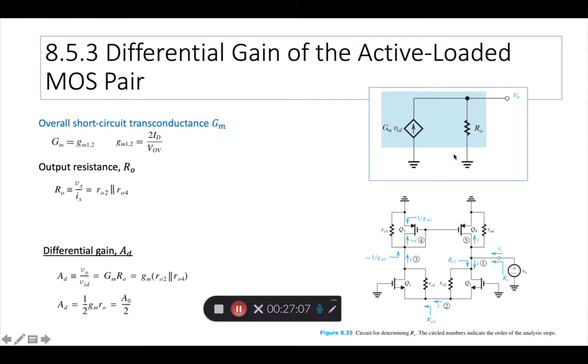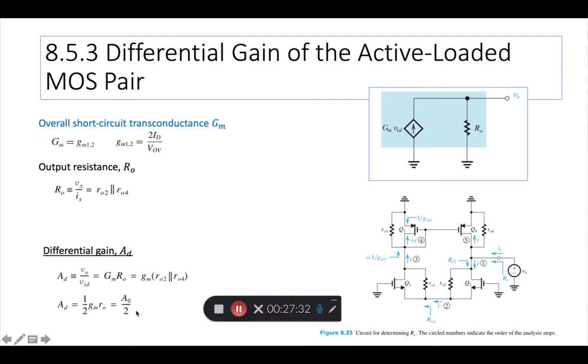So if you don't want to mess with that, and again we keep using as examples the fact that all these transistors are matched. That means their GMs and their ROs are pretty much identical.